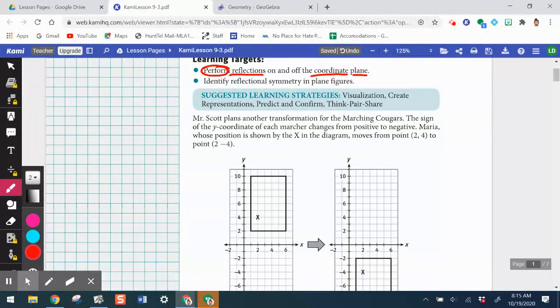So we're going to do that here as well. Then we are going to identify reflectional symmetry in plane figures. That's actually one of your vocab words, reflectional symmetry. So hopefully you've been studying up on that, as we'll see it in this lesson.